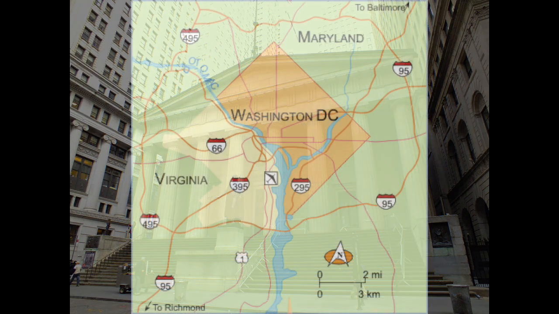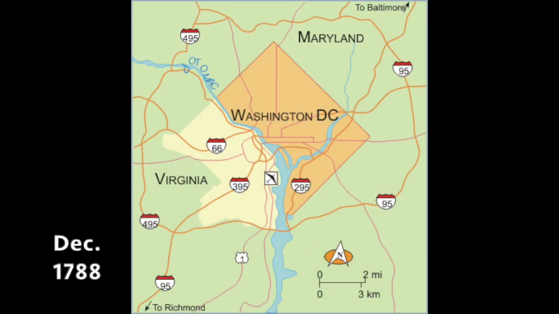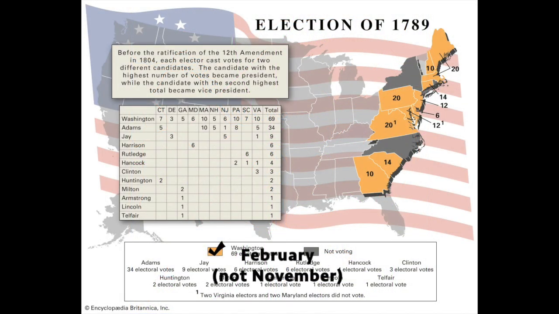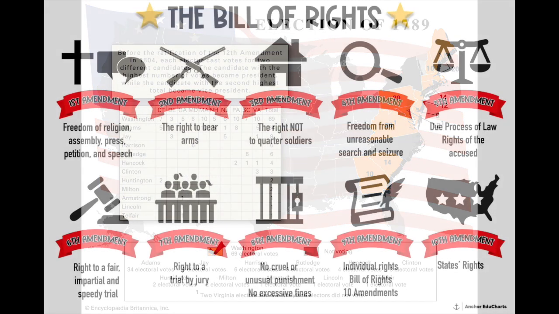Meanwhile, Maryland had given some land abutting the Potomac. That will become Washington, D.C. That's really a fascinating story all by itself. So we have our first election in February of 1789, not November. And Washington won. The way they did it was tidied up a little bit with the 12th Amendment later.